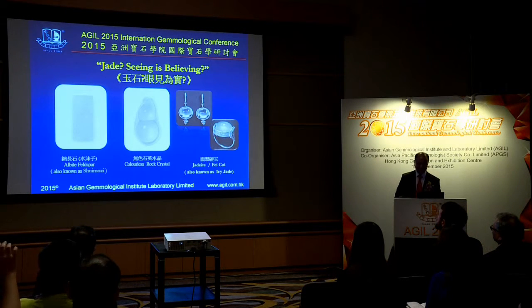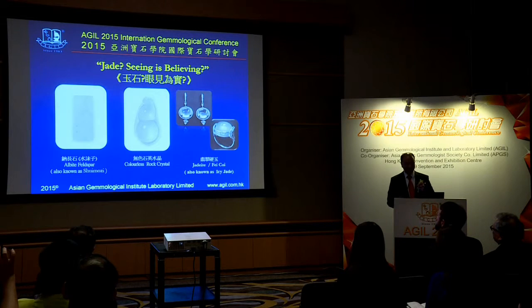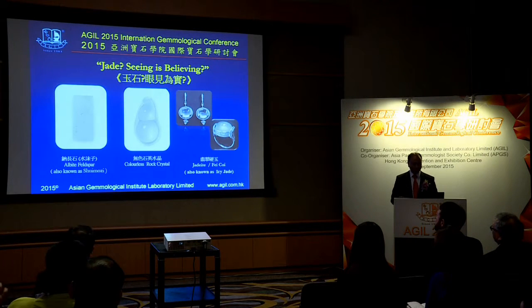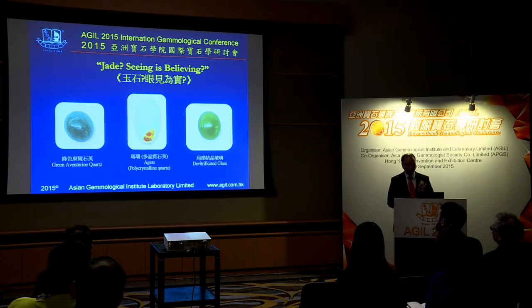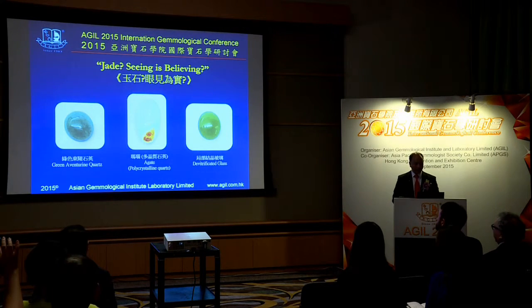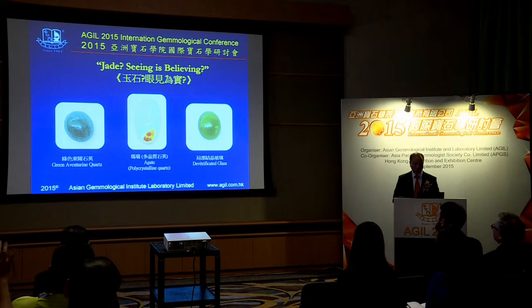Let's put them together. So again, albite feldspar, rock crystal, and jadeite. Okay, let's look at the next group: the aventurine green quartz, the agate polycrystalline quartz, and the vitrificated glass.